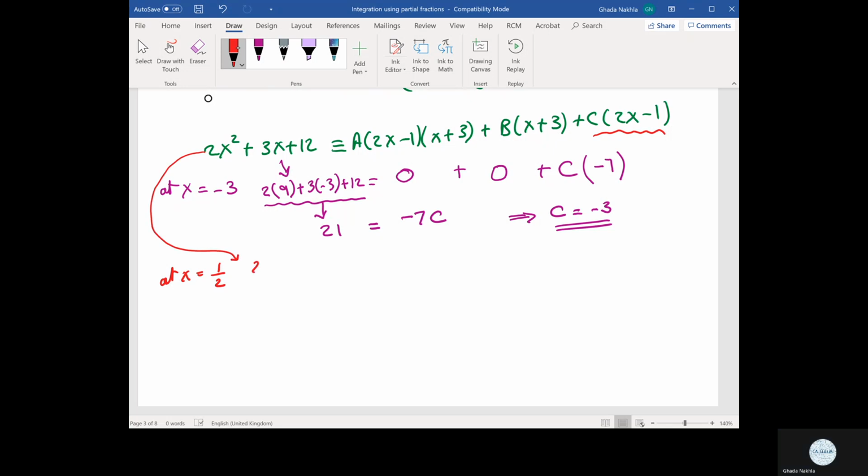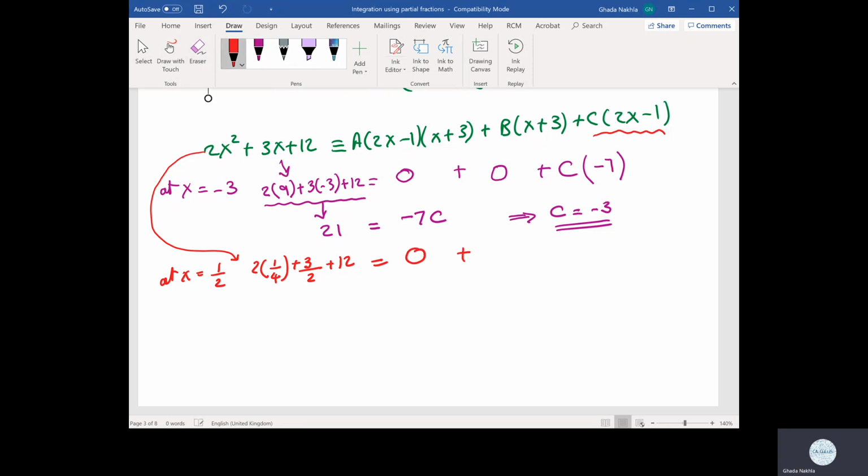So 2 times 1/2 squared, which is 1/4, plus 3 over 2 times 1/2, so over 2, plus 12 equals. When I substitute x as 1/2, this bracket here will become 0. So 0 multiplied by x plus 3 is 0, multiplied by a is 0, so the whole term will become 0.